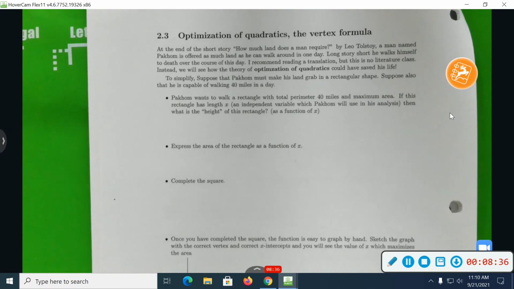So, let's bring to bear some of the techniques we have. So we'll make a few simplifying assumptions. Pahom will try to enclose a rectangular region. All right, that's a reasonable simplifying assumption to make.